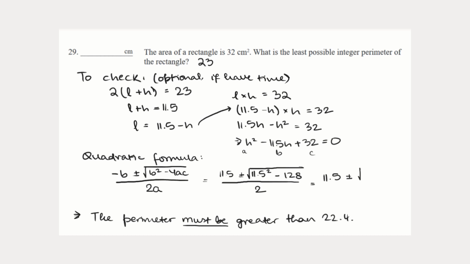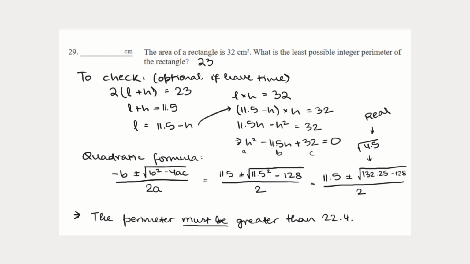So 132.25 minus 128, all over 2. And you can see this is going to be the square root of 4.25, which is real.